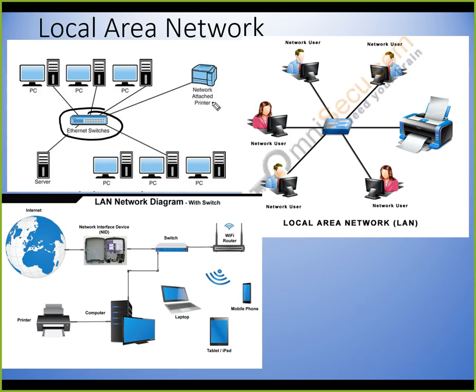We have PCs, a printer, and a server. That's another picture, with the symbology that we use for the switch, and here a network interface device, a NID. If we're going to the internet, we're going to have a router to get us out of this.